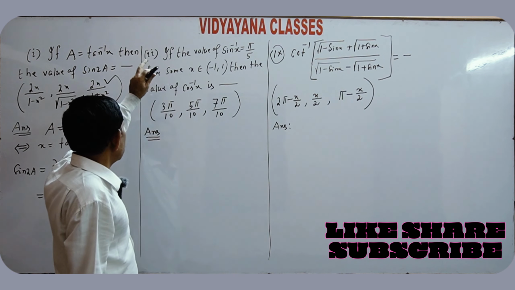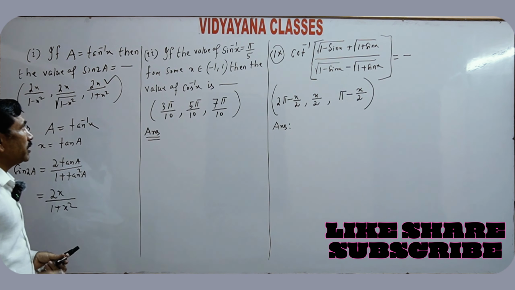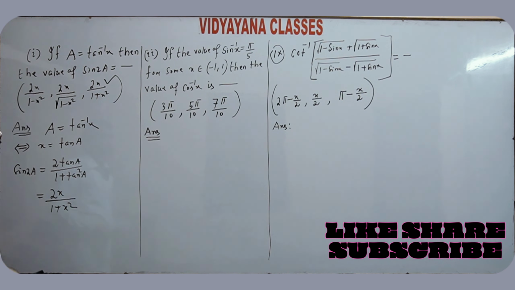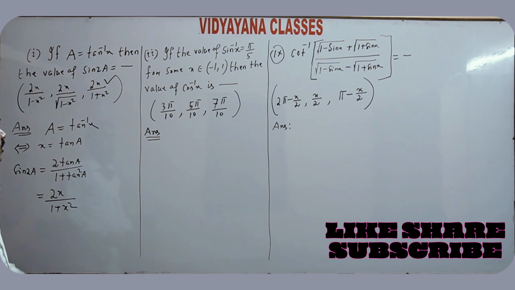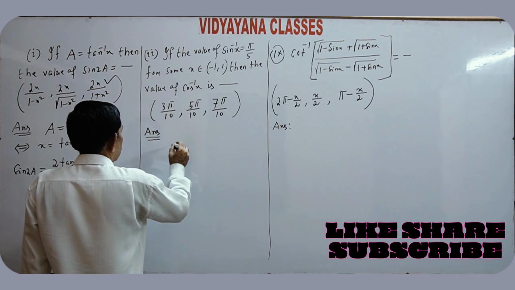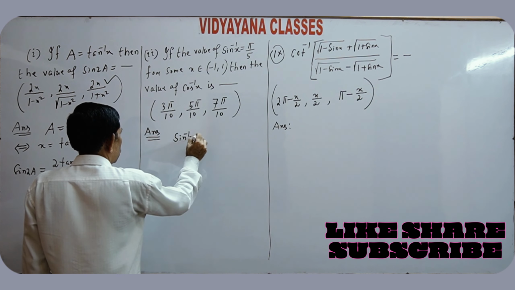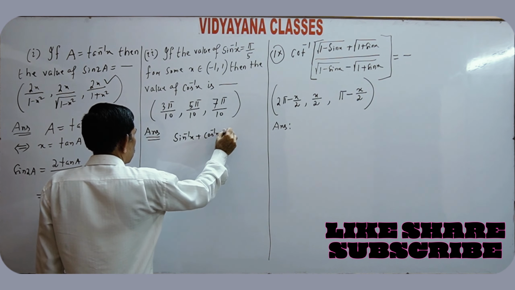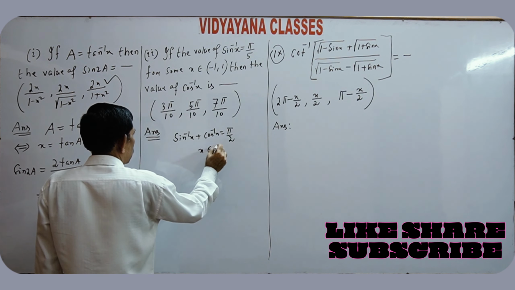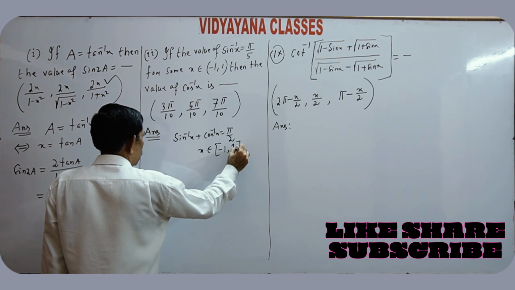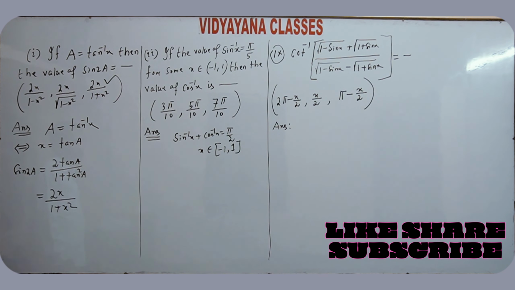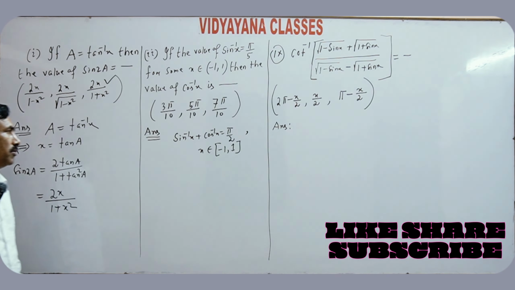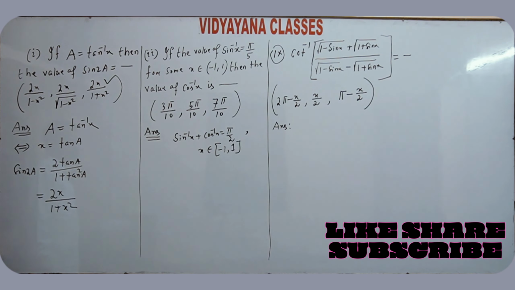Second bit, question number 1, second bit. If the value of sin⁻¹x is equal to π/5 for some x belonging to (−1, 1), then the value of cos⁻¹x is equal to dash. Sin⁻¹x + cos⁻¹x is equal to π/2 when x belongs to [−1, 1].